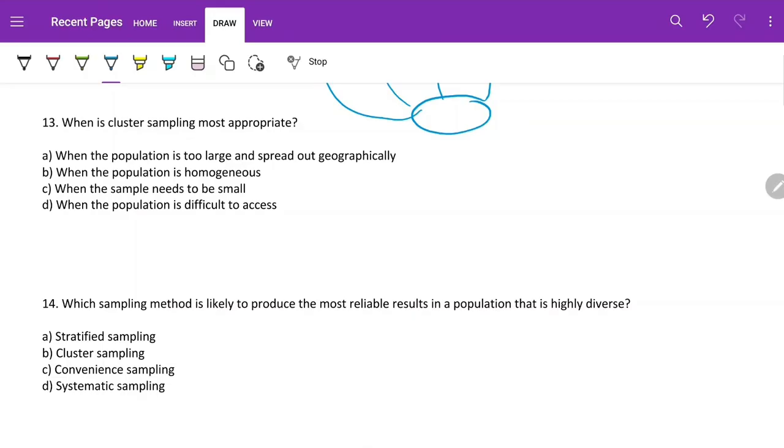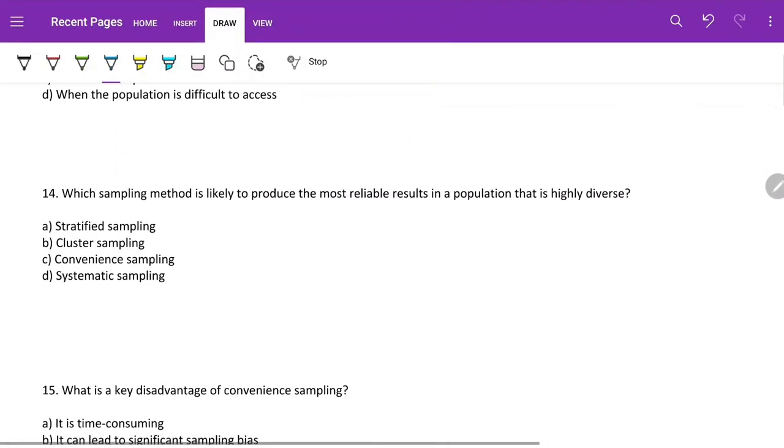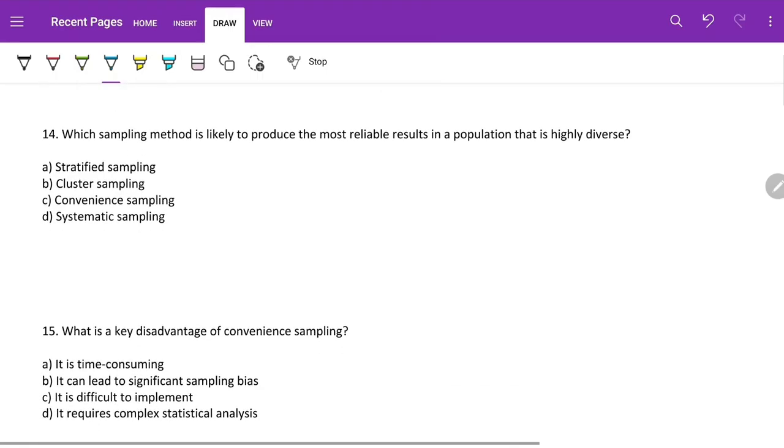When is cluster sampling most appropriate? When the population is too large and spread out geographically. This one is the answer for cluster sampling. When our population is spread out geographically and it is very large, we go for cluster sampling.